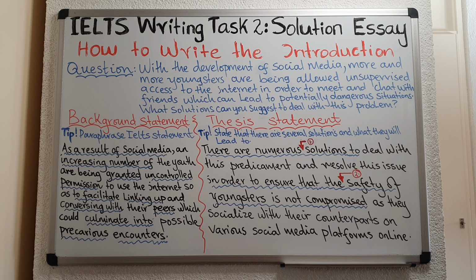So these youngsters, they're being allowed to use the internet without being checked by their parents. And they're using the internet in order to meet and chat with friends, which can lead to potentially dangerous situations. Okay? Now, these young people meeting with others online and chatting with them, it can lead to dangerous situations.